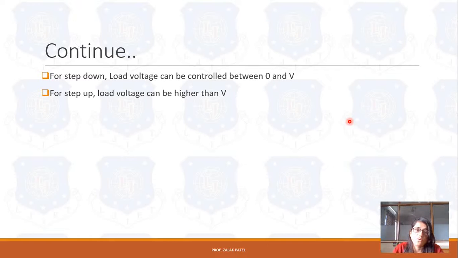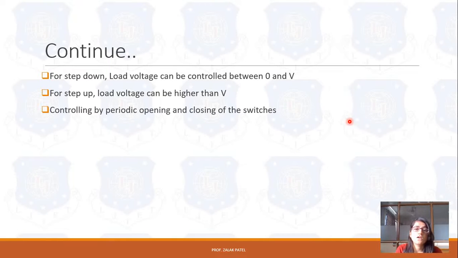For step up chopper, the load voltage can be higher than the voltage value V, meaning the voltage is increased. In case of step down chopper, the voltage is decreased below the original level, that is, in between 0 and V volt. V volt is the voltage decided by the user.